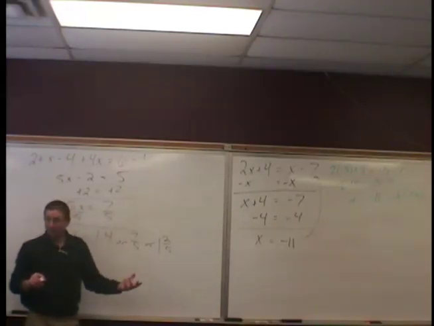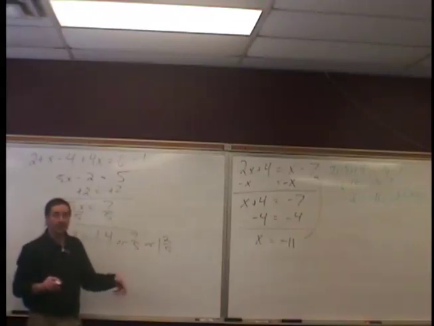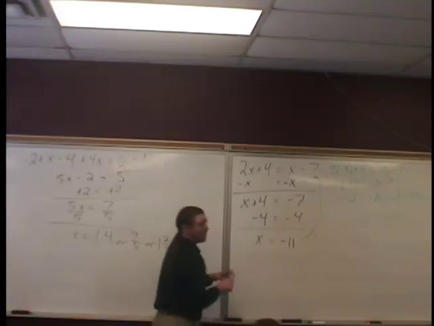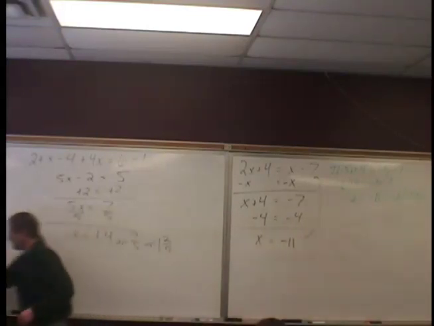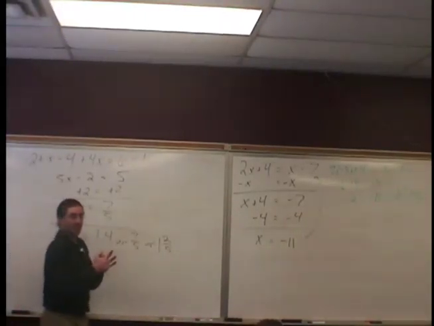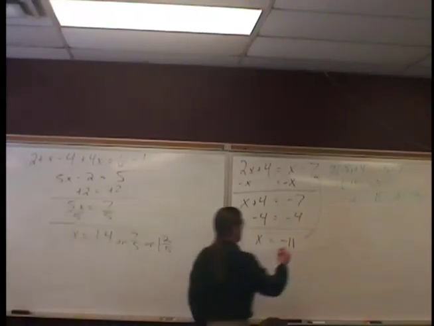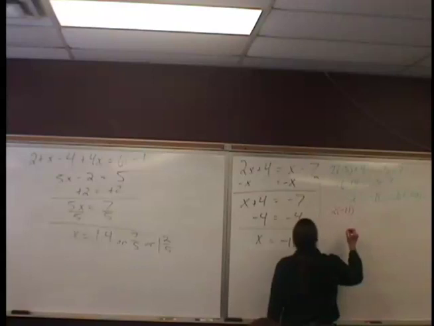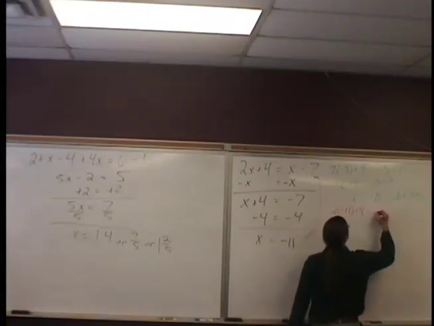Are you done, though? No, you still check your answer, okay? Except now you're going to check it with a different color because your first one screwed you up, right? But now you're going to go, okay, here we go. 2 times -11 plus 4 equals -11 minus 7.